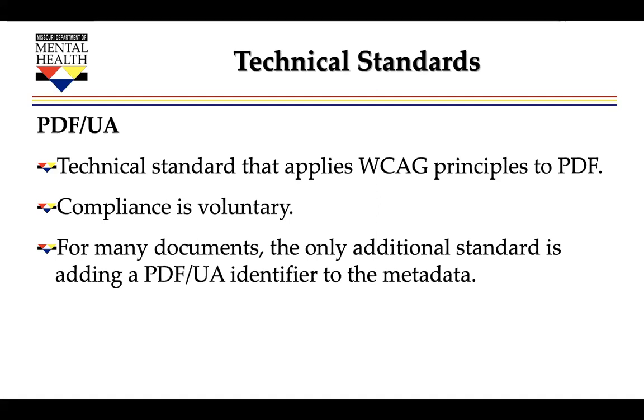UA stands for Universal Accessibility, by the way. And so it's a pretty simple extra step in most cases that I think is worth taking. It usually just takes an extra minute or so to achieve PDF UA over just the WCAG standards.